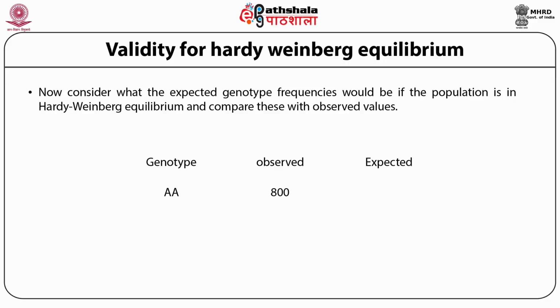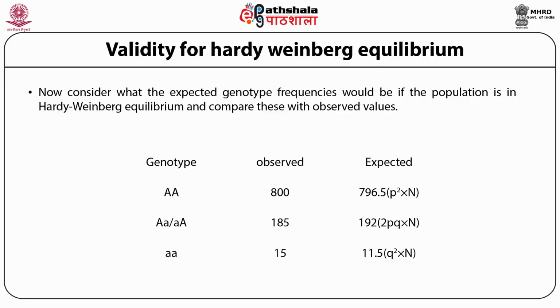So, if we square 0.8925 and multiply by the number of samples screened, we get the expected genotype count for the AA genotype, which is 796.5 in this case.